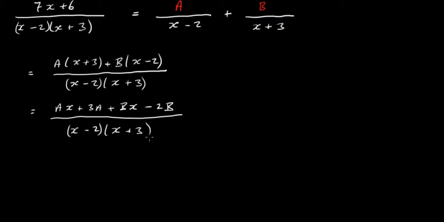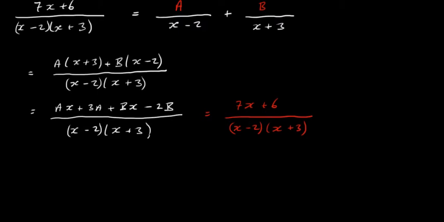Now I want this to be equal to 7x plus 6 over x minus 2 times x plus 3. We can see that the bottom parts are equal already, so that's fine.